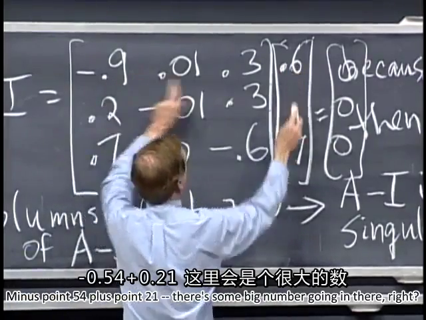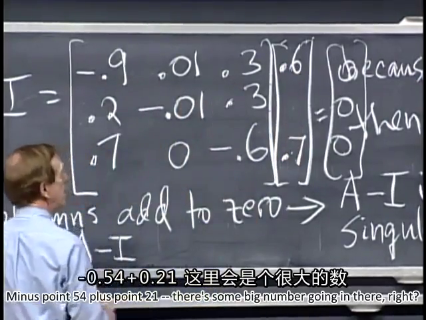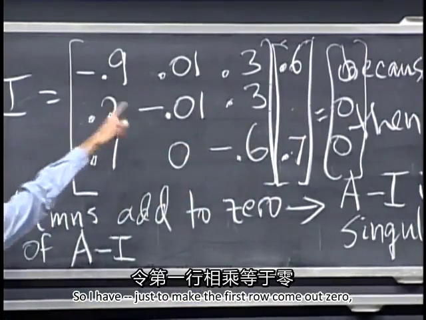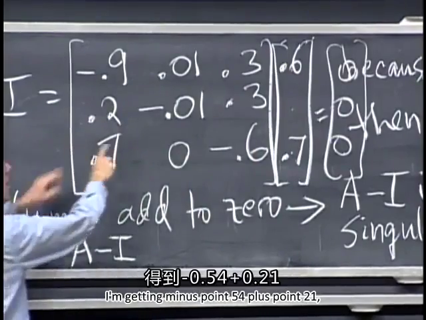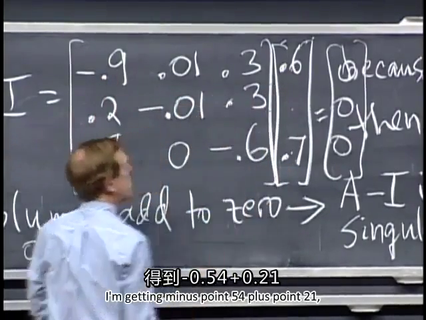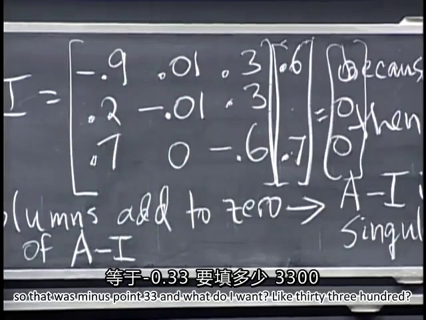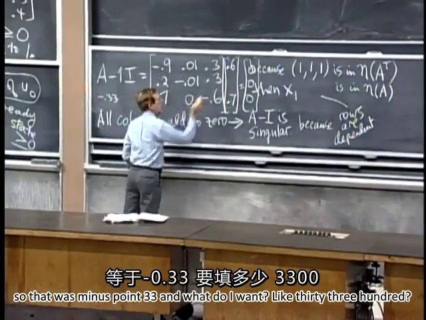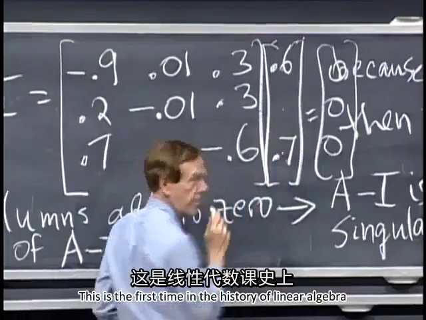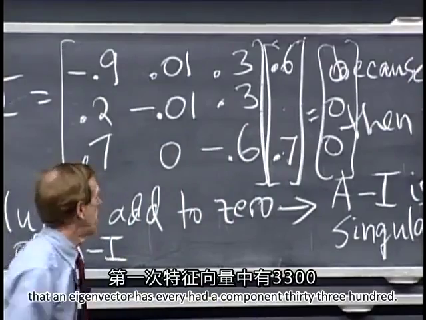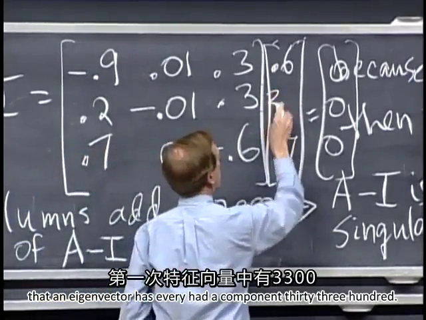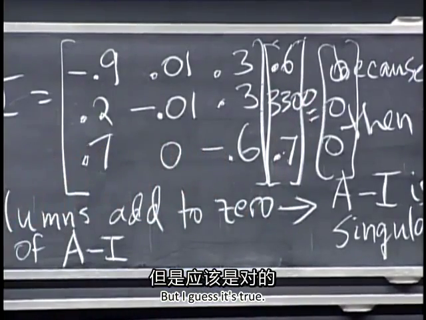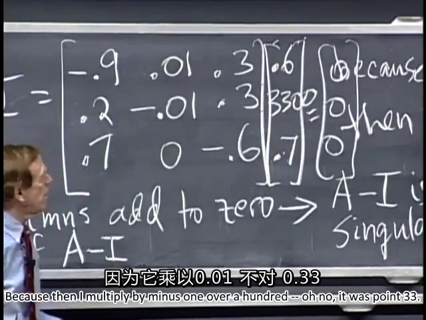Now, it only remains to find one guy. Minus 0.54 plus 0.21. There's some big number going in there, right? So just to make the first row come out 0, I'm getting minus 0.54 plus 0.21. So that was minus 0.33. And what do I want? Like 3,300? This is the first time in the history of linear algebra that an eigenvector has ever had a component 3,300. But I guess it's true, because then I multiply by minus 1 over 100.